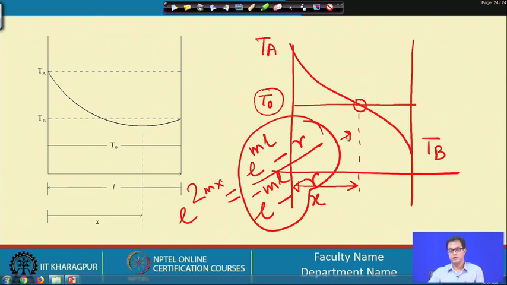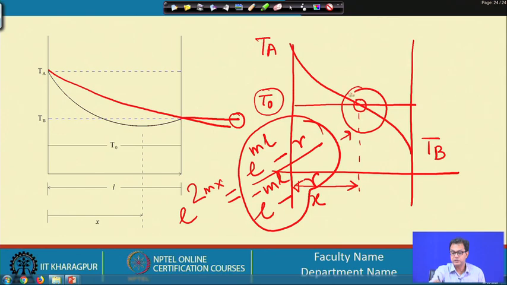This corresponds to a different kind of heat transfer, as in all the earlier cases where the maxima or minima lies beyond the physical boundary, or the fluid temperature is in between TA and TB.